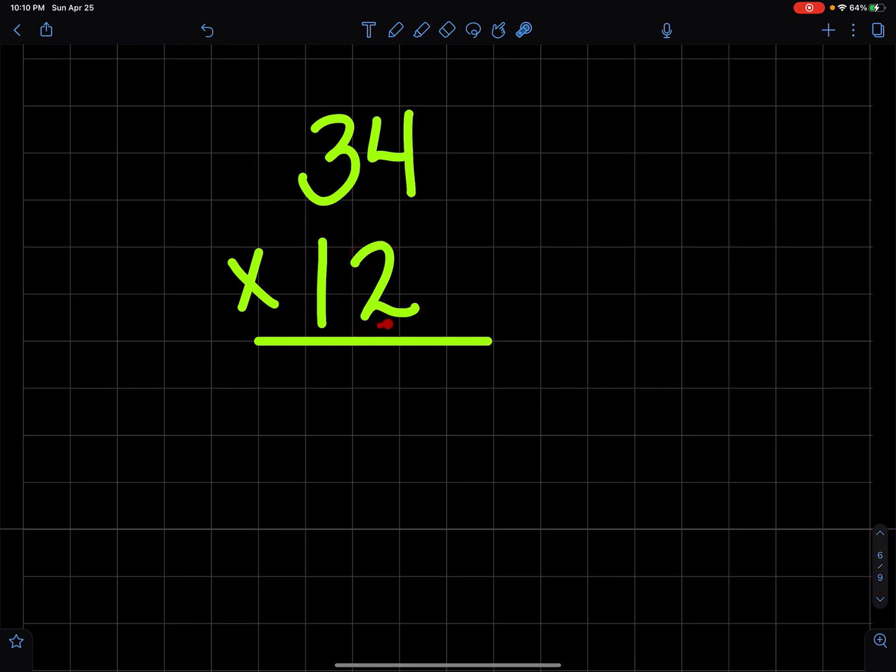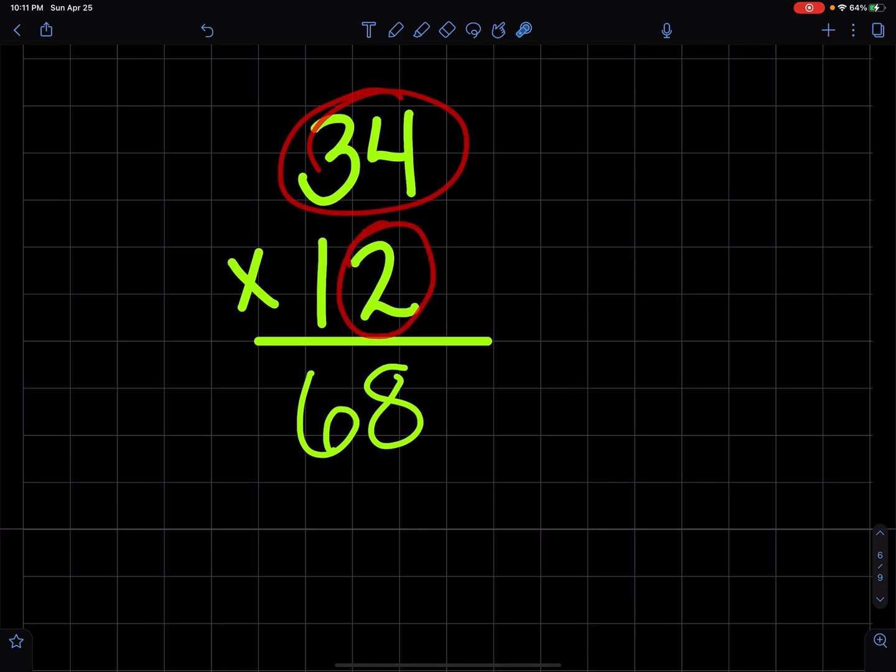So to do that, we're going to do 2 times 4 first. 2 times 4, I'm going to write 8. And then check this out. We're going to do 2 times 3. 3 times 2 is 6, so I'm going to write that here. So we basically did 34 times 2, and we wrote it here.